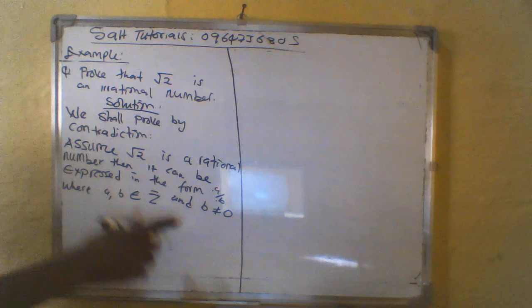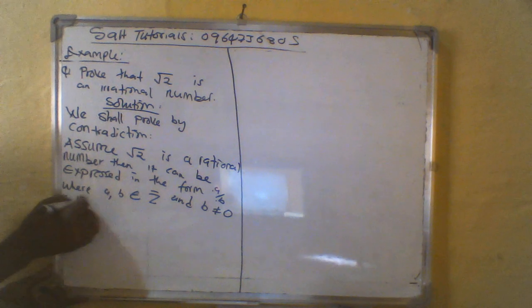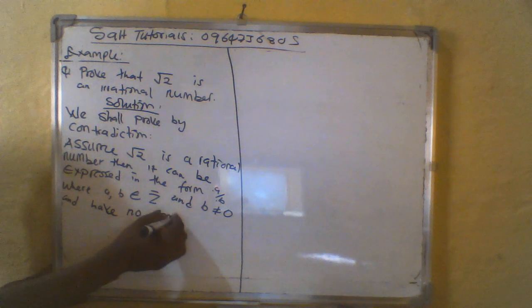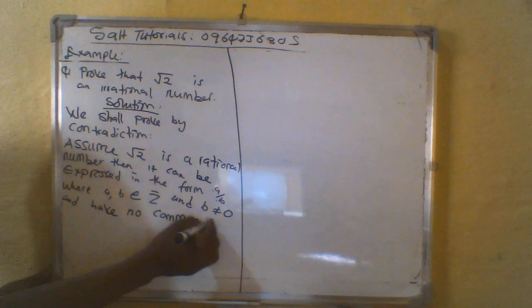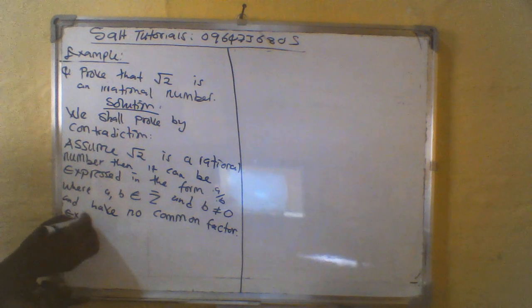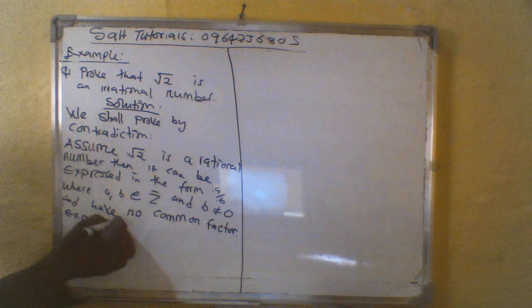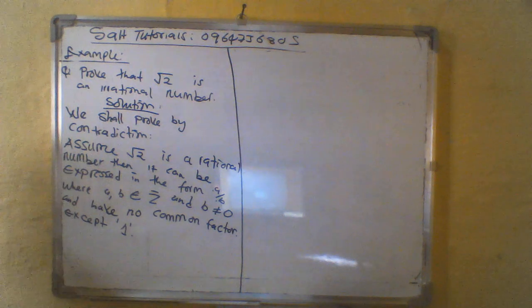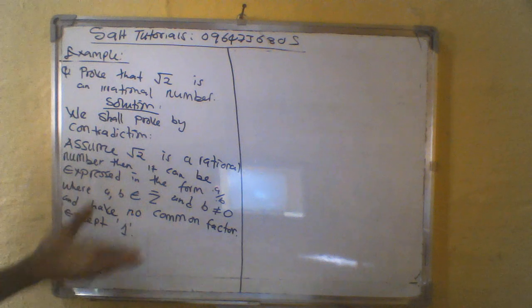So you also write that statement: a and b have no other common factor except 1. So the only common factor I need between a and b should be 1. Anything else is a contradiction to my statement.